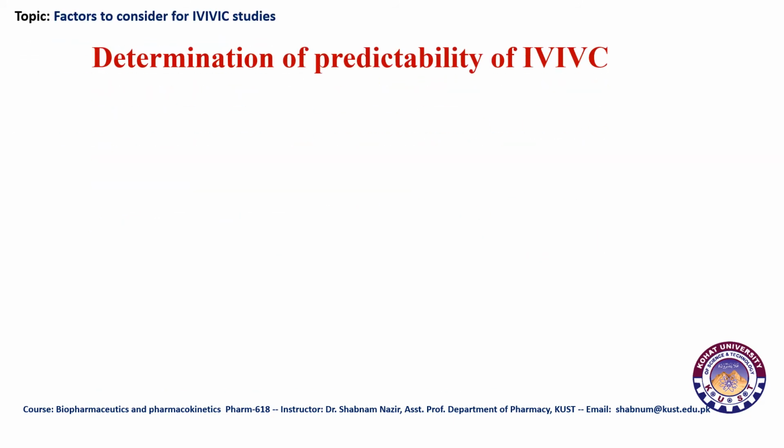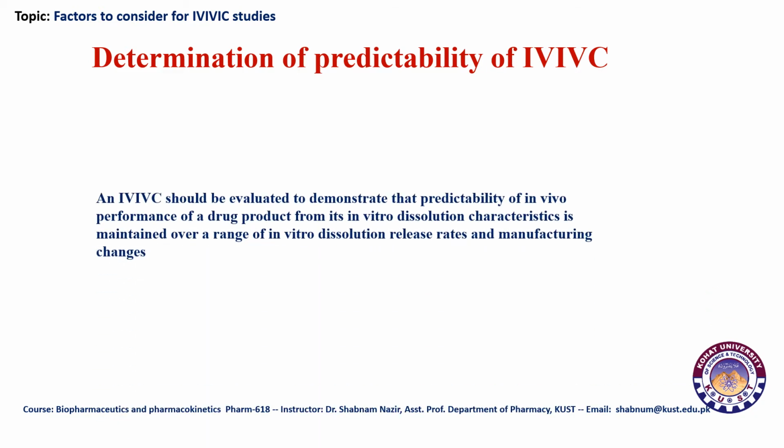Determination of predictability of IVIVC. Whenever IVIVC studies are performed, one of the hallmark properties of such studies is their ability to predict the in vivo performance of a drug product from its in vitro dissolution characteristics, maintained over a range of in vitro dissolution release rates and manufacturing changes. Let me explain it.